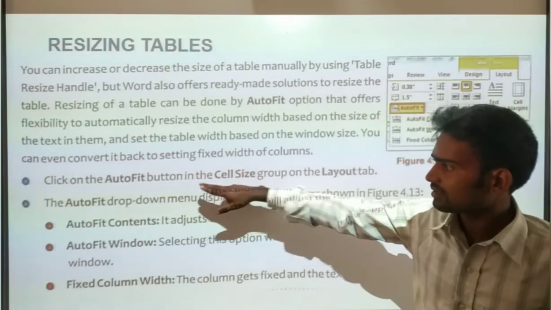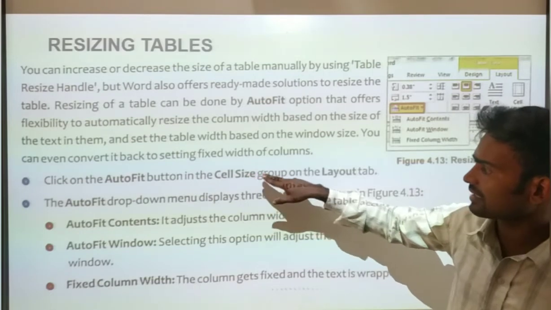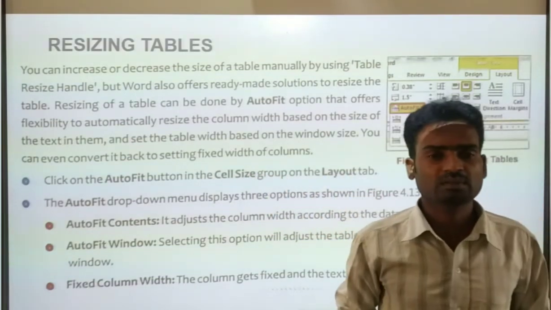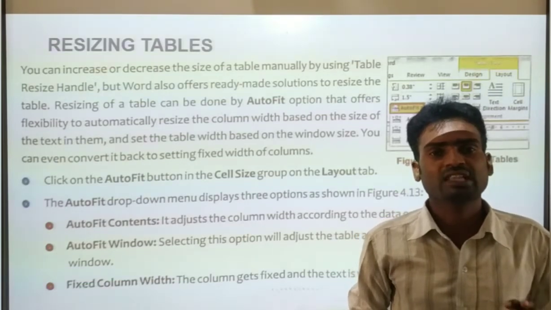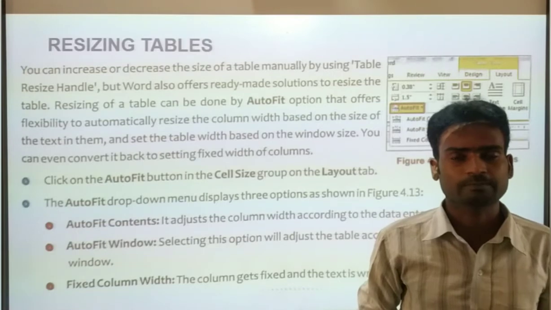So cells, click on the auto fit button in the cell size group on the layout tab. Dear children, remember it. Whatever we do, we do it in the layout tab or the design tab.